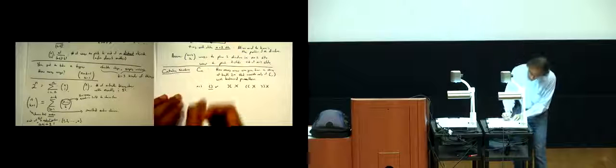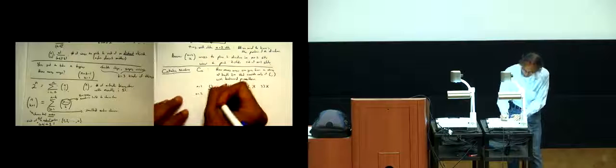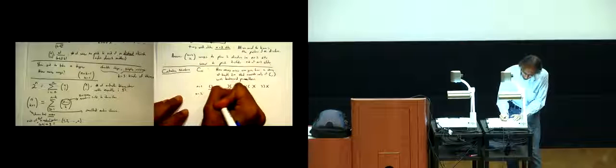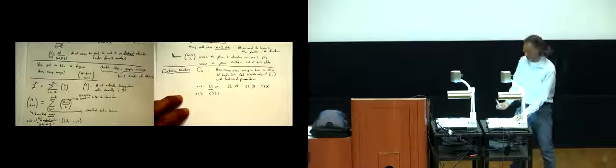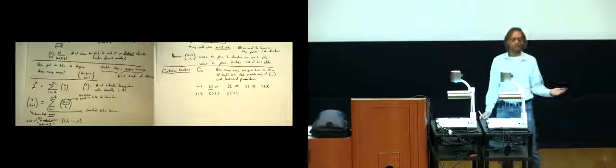Let's think about n equals 2. For n equals 2, there's at least two distinct choices, right? You have this choice, and you have this choice. But other things won't work, because you have to have two opens and two closed to have it balanced.